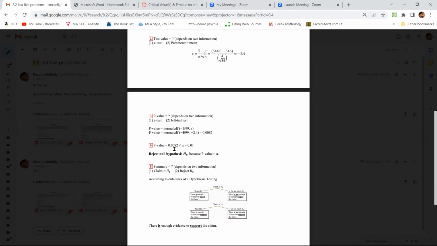Where does alpha come from? Alpha comes from the question, and the question said that alpha was 0.01. So how does your p-value compare to your alpha? 0.0082. How does that compare to alpha?